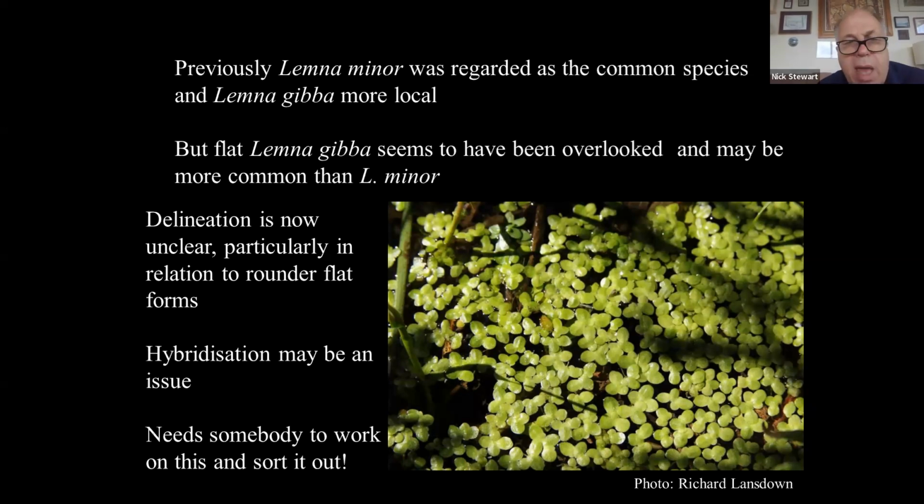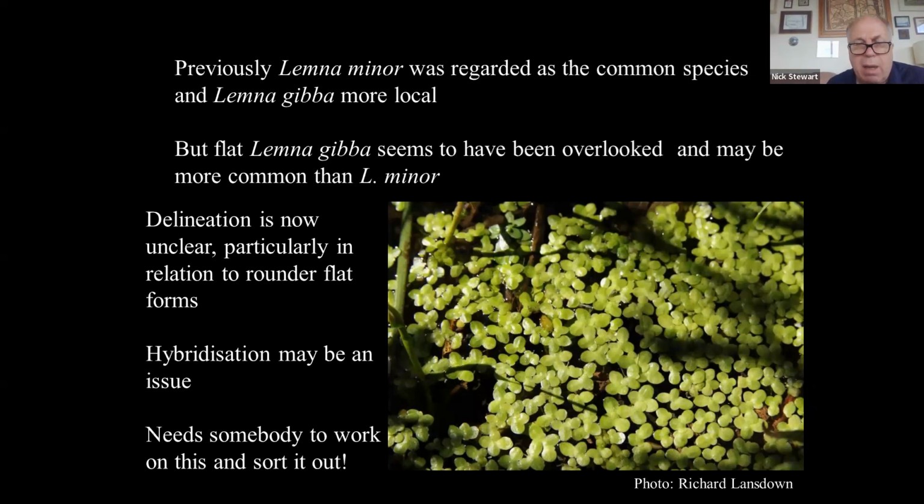But it's clear that flat forms of Lemna gibba have been overlooked, and it seems, at least in some people's view, that Lemna gibba is now more common than Lemna minor. But the delineation between these flat gibba and these minors is still a bit unclear.